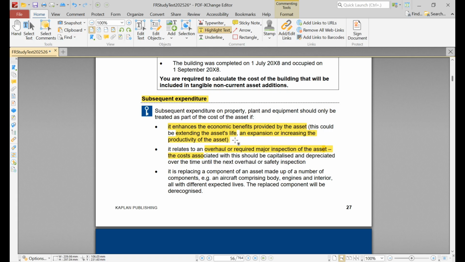So that is an example of enhancement of the asset. In such a case, the cost of building the third room would be included in the cost of the asset. That is, that cost qualifies to be capitalized.